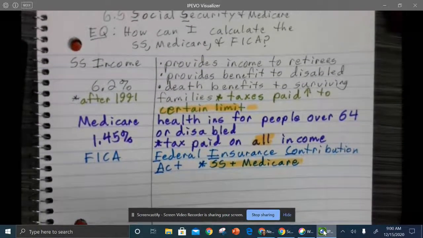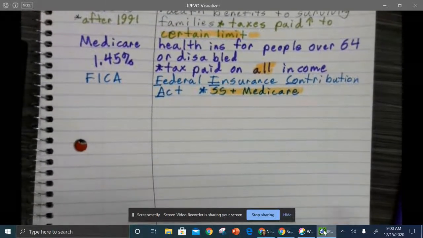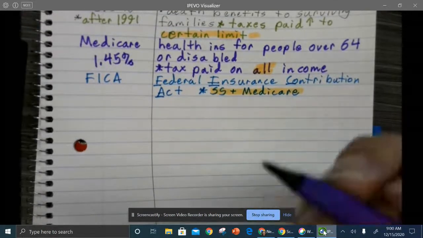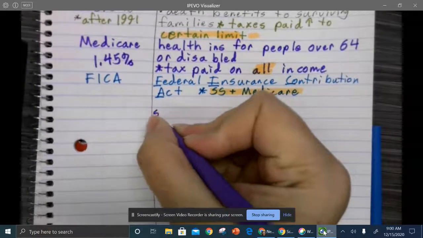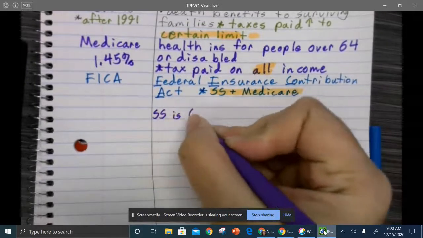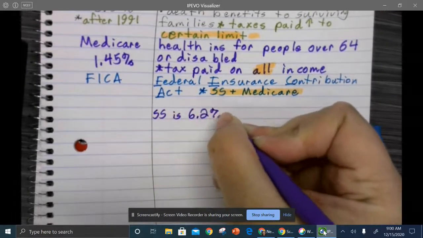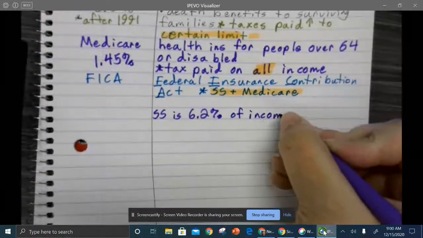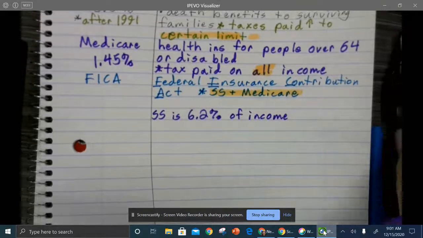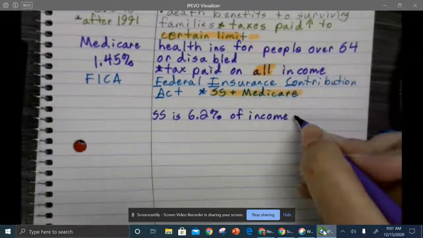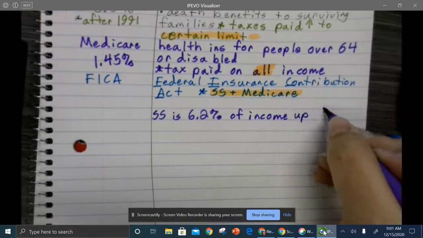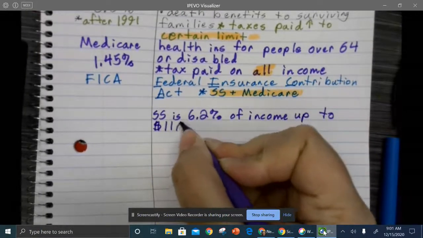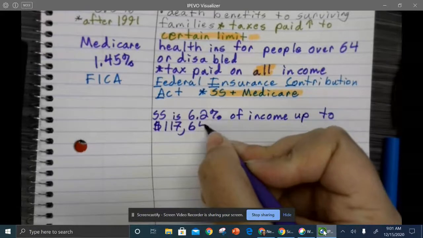So let's figure this out. What if you wanted to figure out how much you need to pay? Okay. So Social Security is 6.2% of the income. And by the way, the income limit changes from year to year. It increases from year to year, up to 117,640.